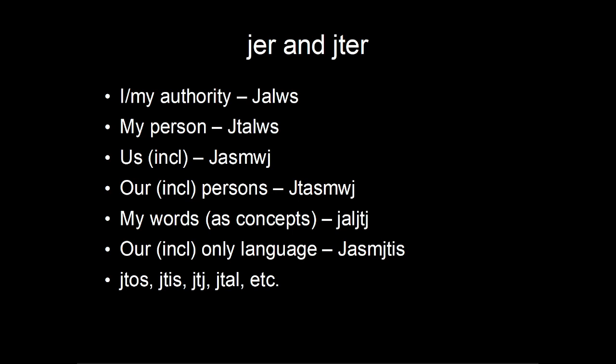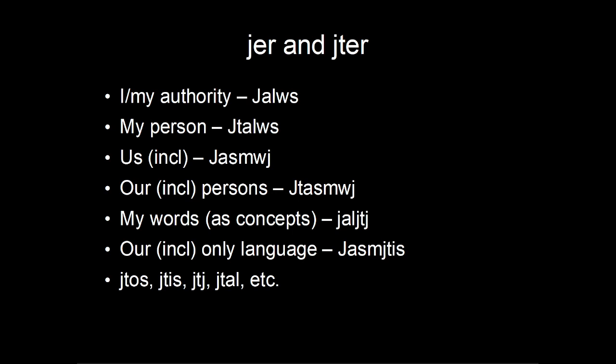And for first person inclusive plural, you would use jasmoi and itasmoi with the same distinction. Now I'll discuss compound rules more in a later episode because they're a bit complicated.